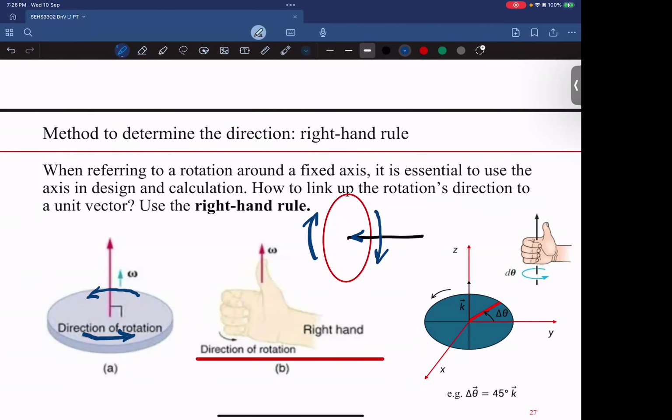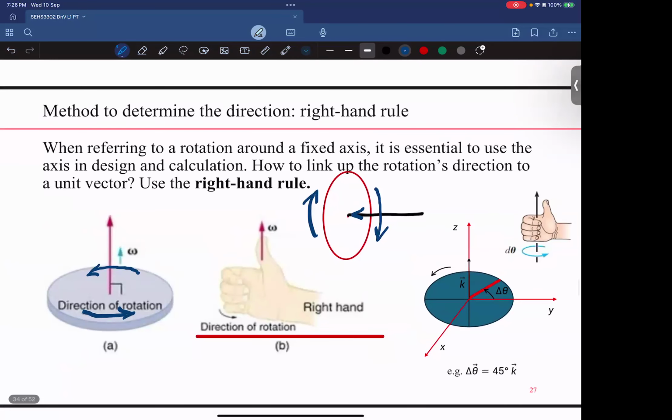If we put our right hand to hold this axis, and our four fingers indicate this arrow, then the thumb points away from this plate. It's 3D. Just use the right hand, no need to use the left hand, because if we use the left hand, everything will be symmetric.